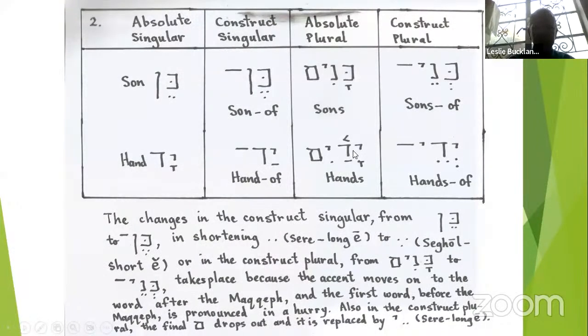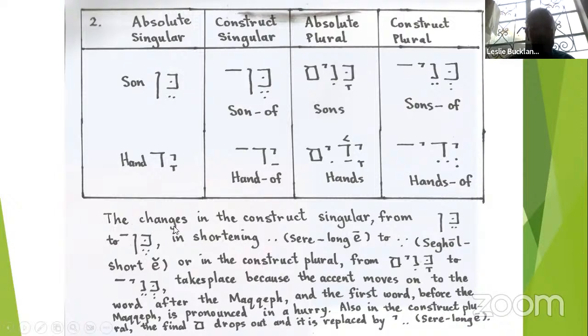Here is an absolute noun in its plural, masculine plural, yathayim, hands. But if you're putting it in its construct state, you cannot hold on to the long a sound here. It has to be changed to a simple shua and with the long sire ending here, followed by the makif, hands of.